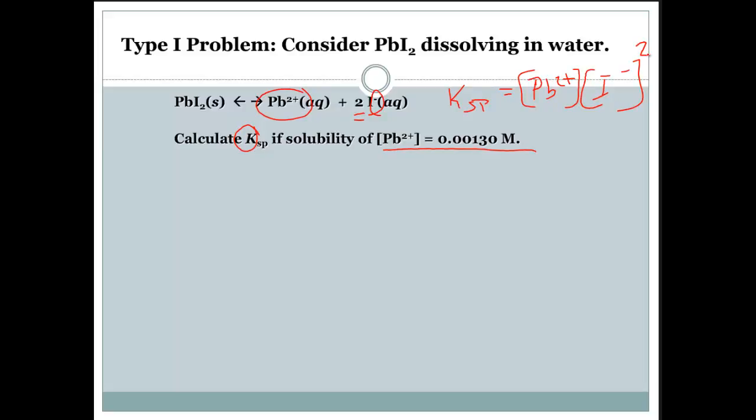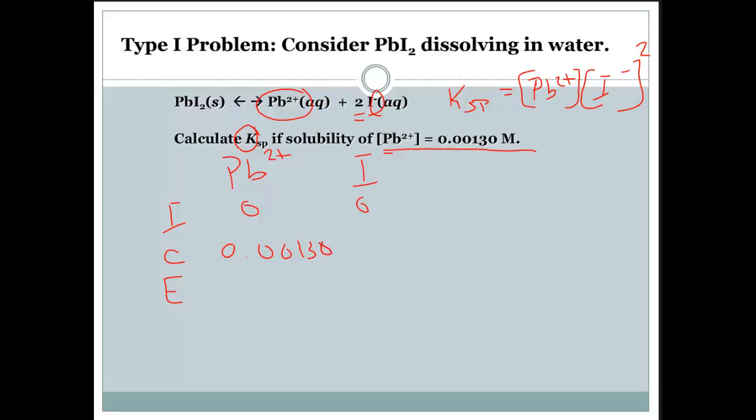Alright, so let's go ahead and set up our table. Initially, we don't have anything. And then once we dissolve it in water, our lead concentration is 0.00130.